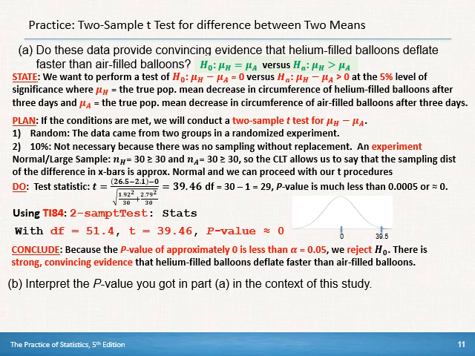And since our p-value is so small, it'd be appropriate to say that there is strong convincing evidence that the helium-filled balloons deflate faster, or have a larger decreasing circumference on average, right? Their mean decreased circumference is greater than that for air-filled balloons.